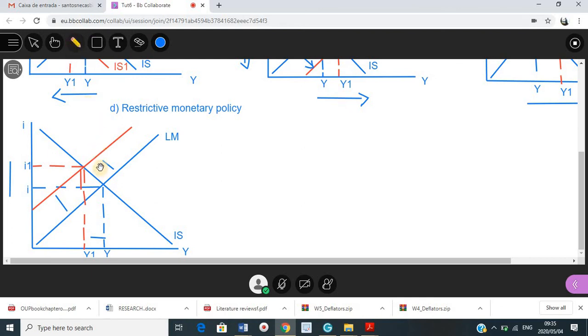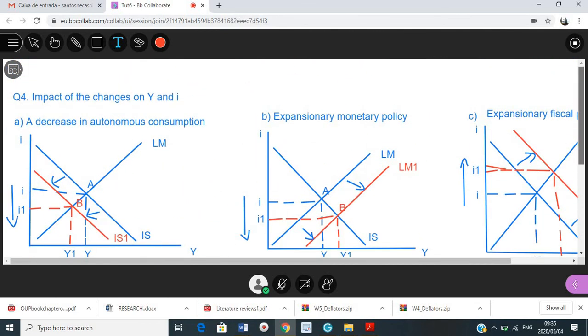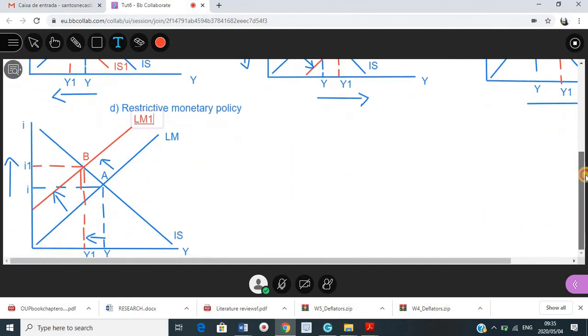Just show where it shifts to, and this goes like this, right? So here I can show that this is our equilibrium 1 and this is equilibrium B. I will call this LM1. Very good. So this is the scenario that we can have, considering each and every change.